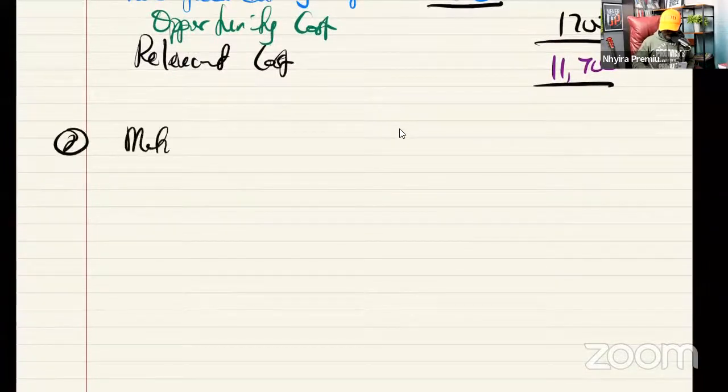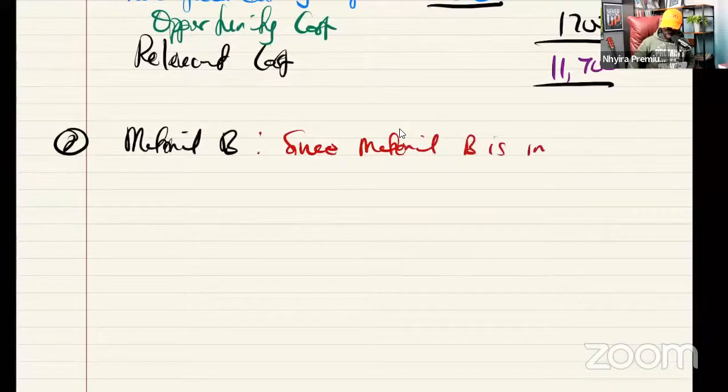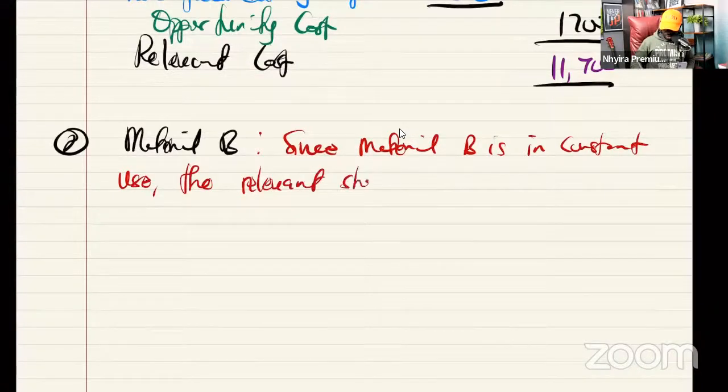And that's material B. Since material B is in constant use, the relevant cost shall be the current purchase cost.